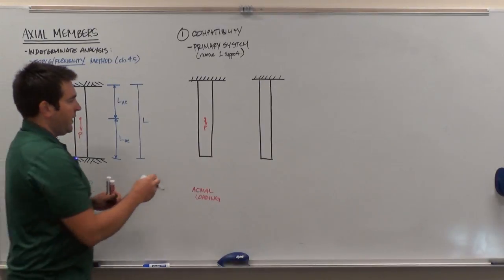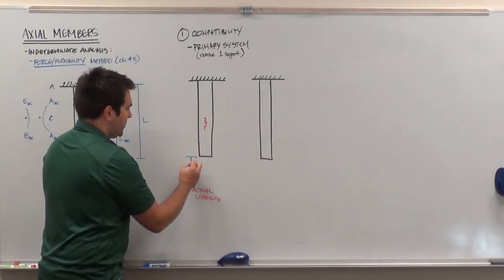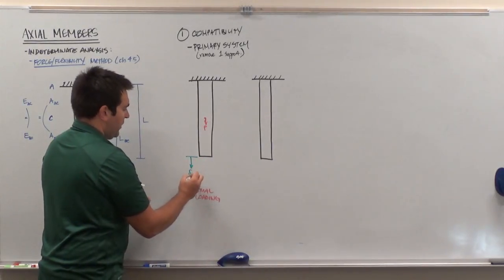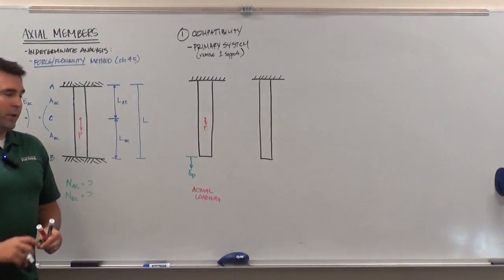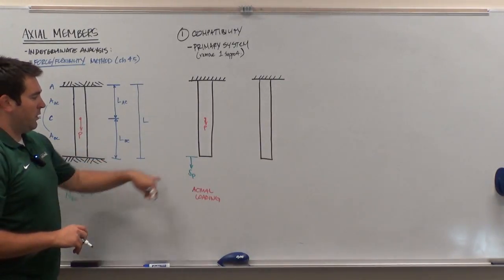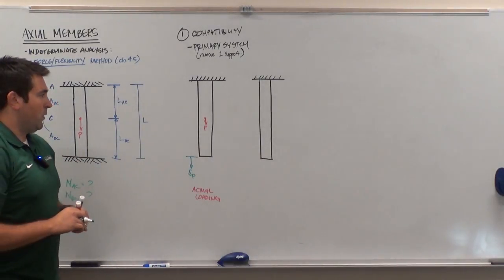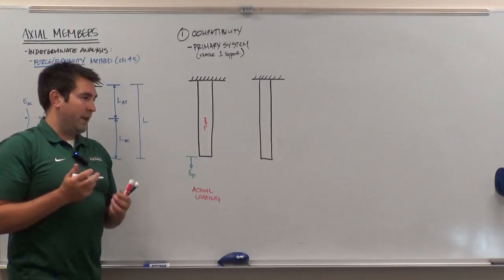So basically what we're saying is, if I didn't have the support down here, how much deflection would I get due to that external loading? So we remove this, we see how much deflection would occur if I had no support at the bottom. It's kind of like, how much does it want to deflect?